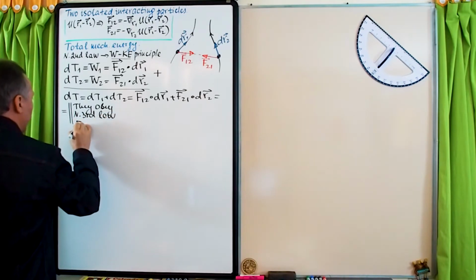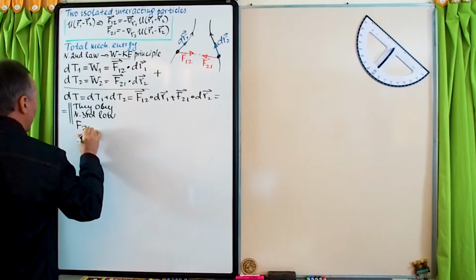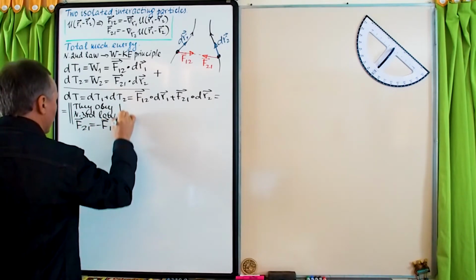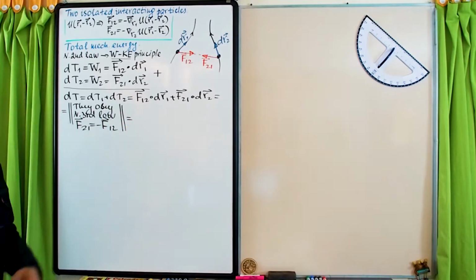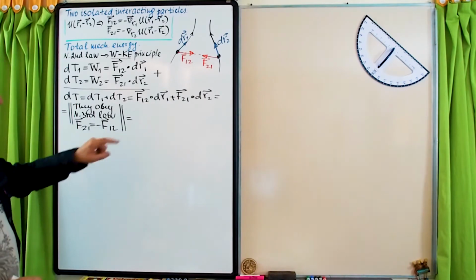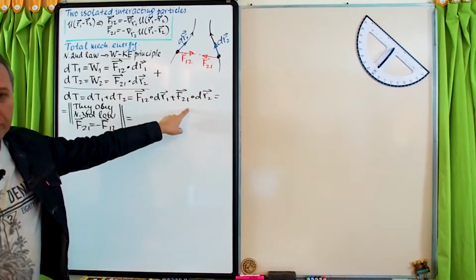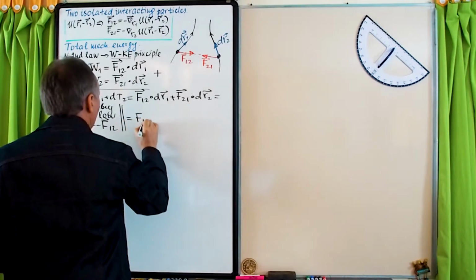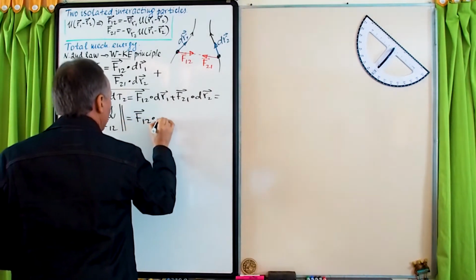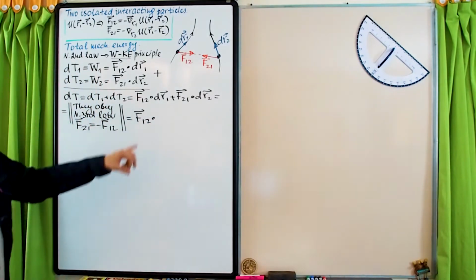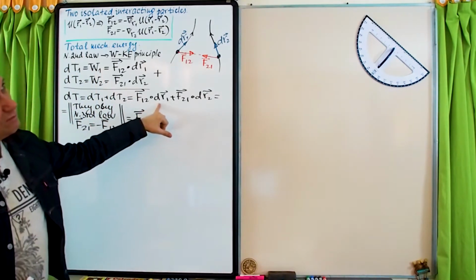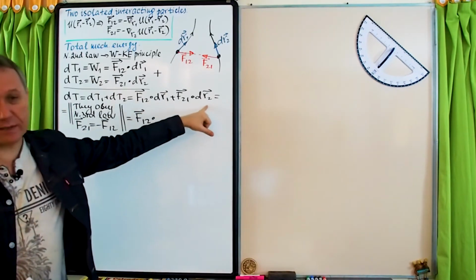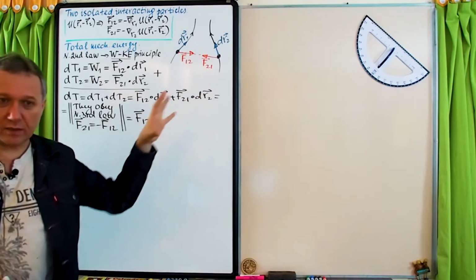So basically F21 equals minus F12. Now, of course, we can factor out F12. I will keep F12 and get rid of F21. So we will have F12 dotted with dr1 minus dr2, but I can take the differential outside.